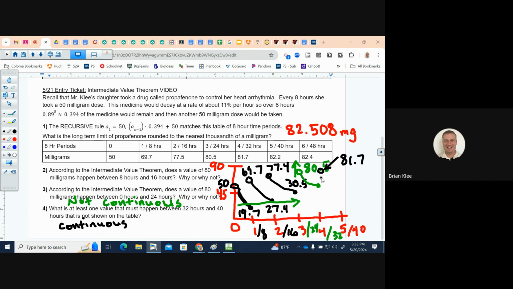And we know that that's going to decay. So it's going to drop all the way, and this graph's not perfect by any means. It's going to drop all the way to 32.18.